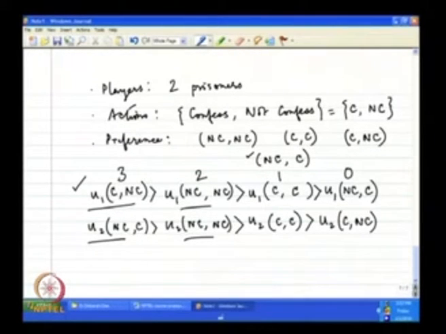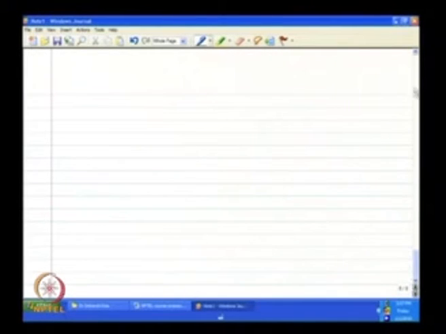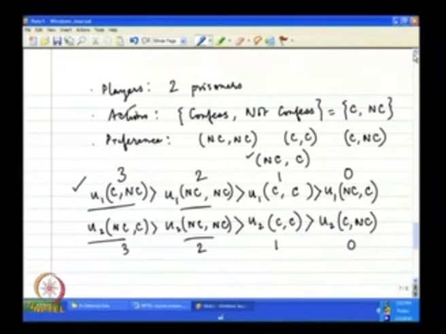Whole numbers are easier to deal with and easier to understand also. Whole numbers and positive numbers, 0, 1, 2, 3. So here also this is 3, 2, 1, 0. 3 is greater than 2, 2 is greater than 1, 1 is greater than 0. So this is how the preference looks like.